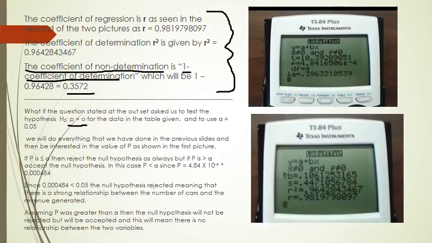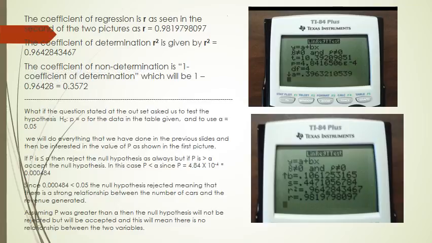All of this is the same thing we do for this one. After we've done all of that, you see here in the first picture where it says P. That's what we'll be interested in. We're interested in the value of P, which is given to us as 4.84 times 10 raised to the power minus 4. This E here means times 10 raised to the power minus 4.